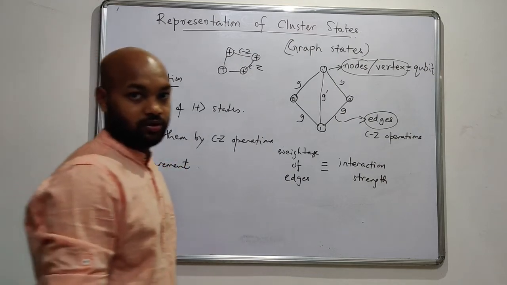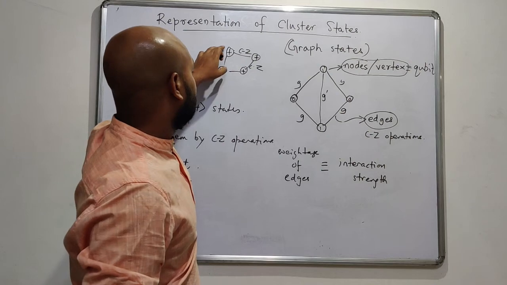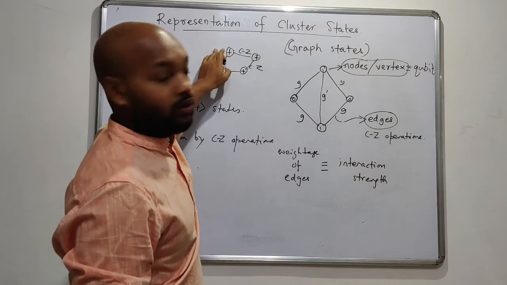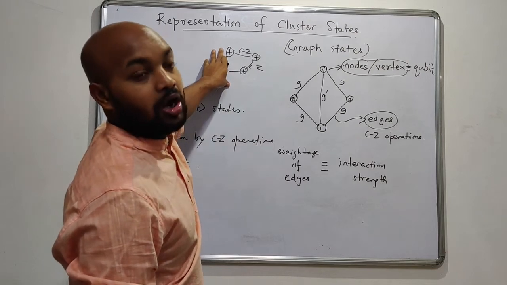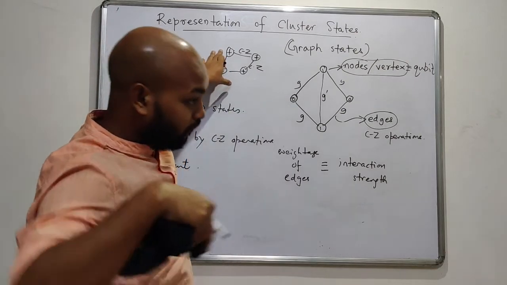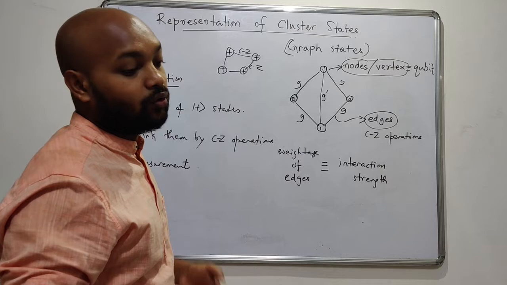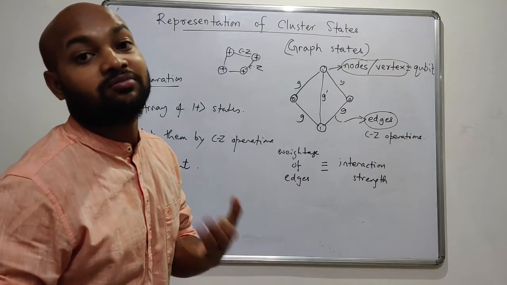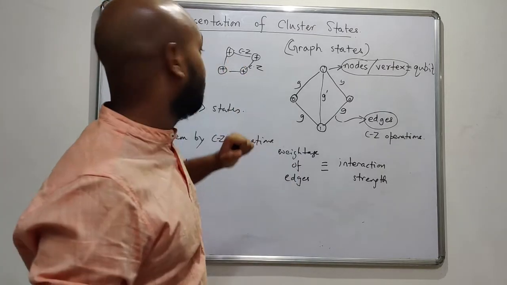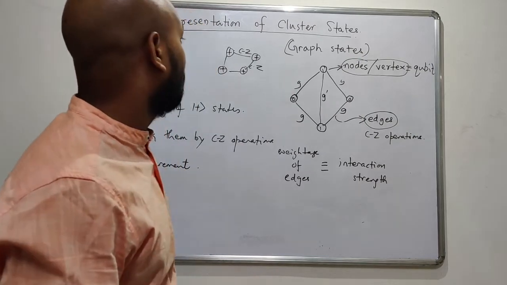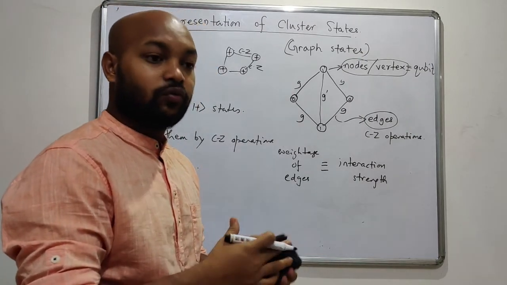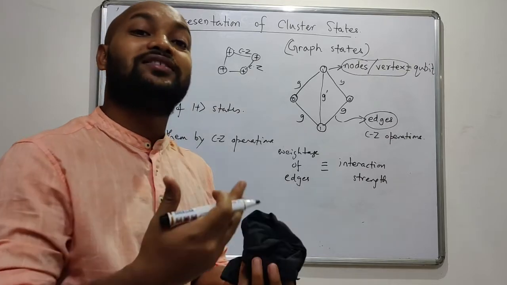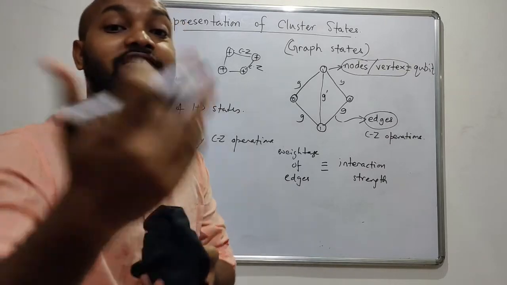measurement. As I mentioned, there would be one measurement on this qubit, let's say, and you get a certain outcome based on which measurement basis you have used for measuring that particular quantum state, and that measurement result would give you an idea of which basis you would be using for your next measurement.